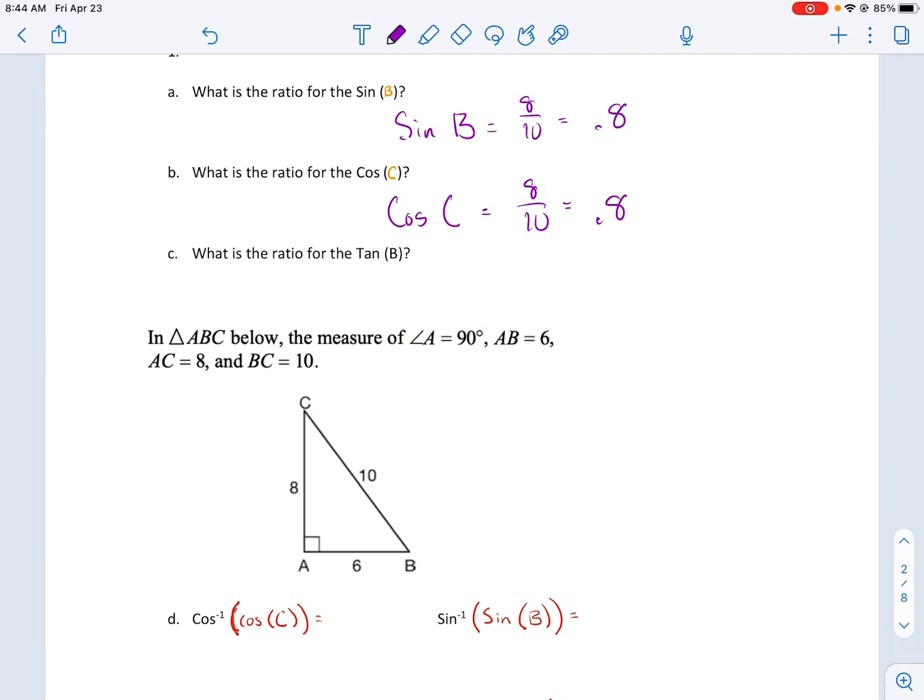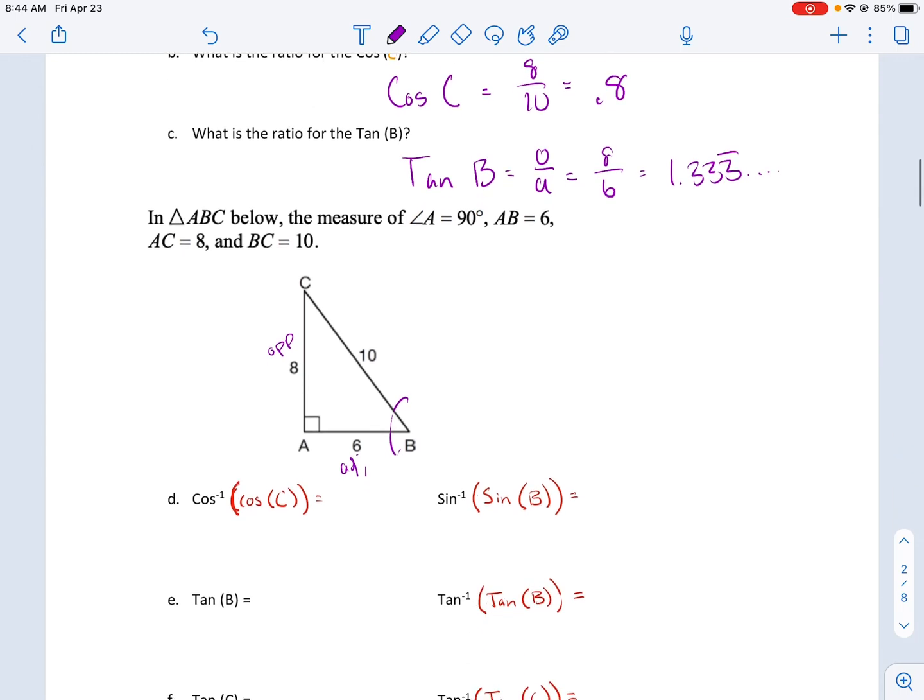And what's the ratio for the tan of B? Just for fun, that one's going to be opposite over adjacent, and I'm talking about this angle here, so 8 over 6, or 1.333 repeating.